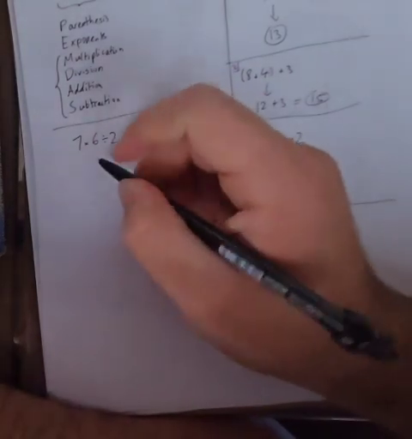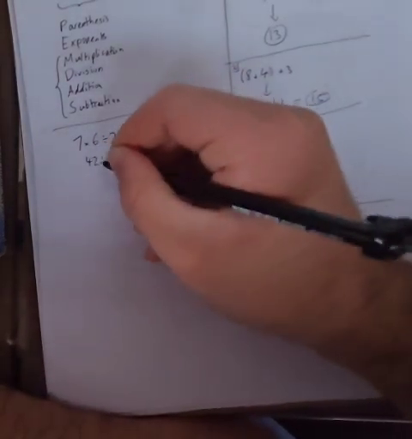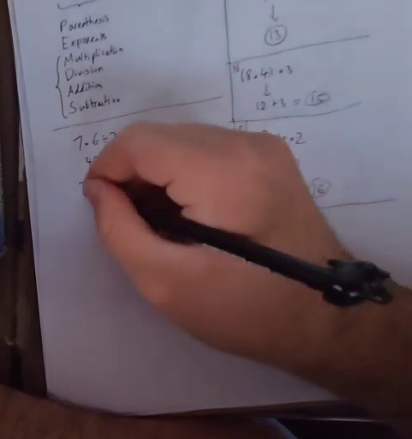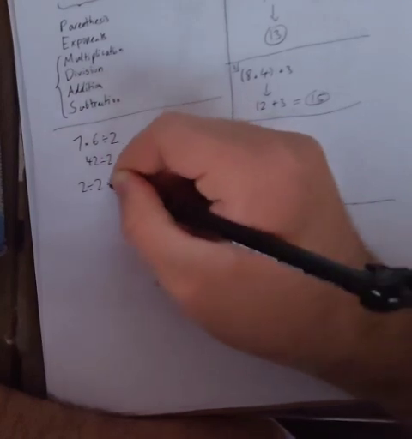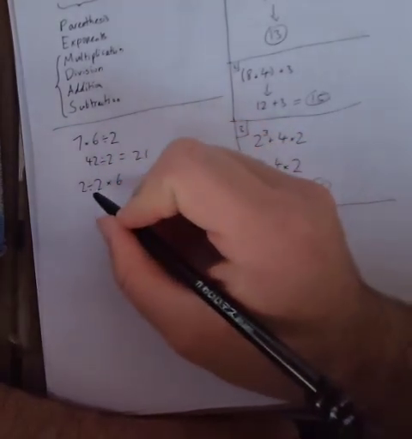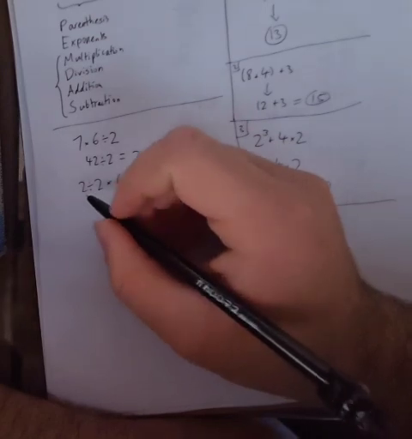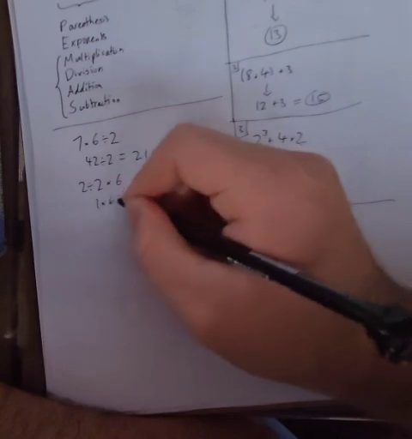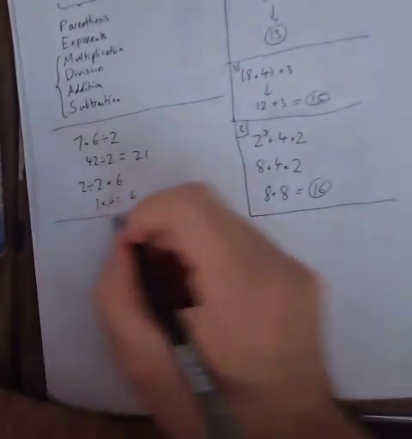So here you do the multiplication first, 42 over 2, and that ends up being 21. But even if the division was first and then you had multiplication, you would still do the division first, because division and multiplication go hand in hand, and you do it left to right. 2 over 2 is 1, times 6, and this ends up being 6.